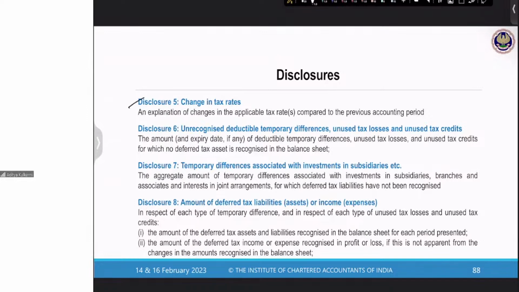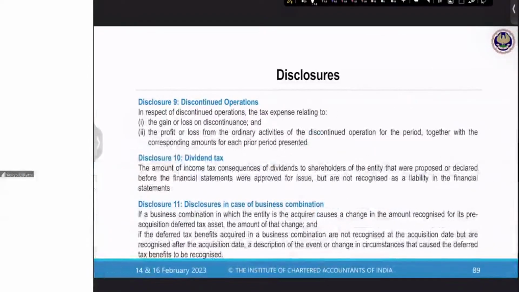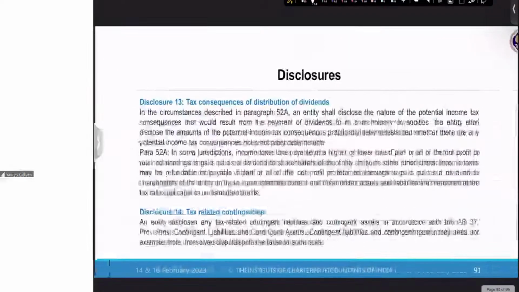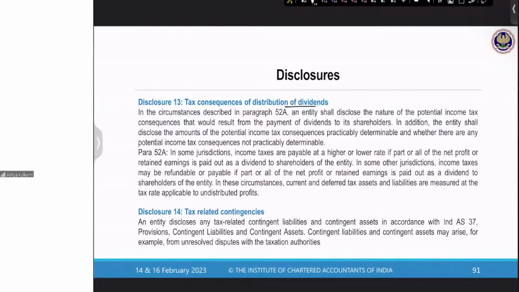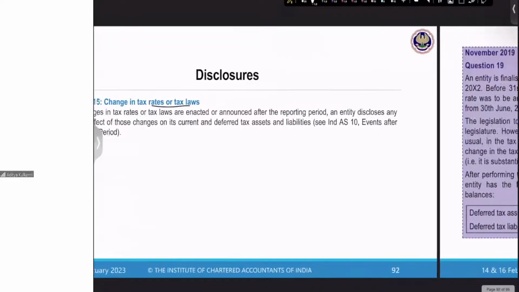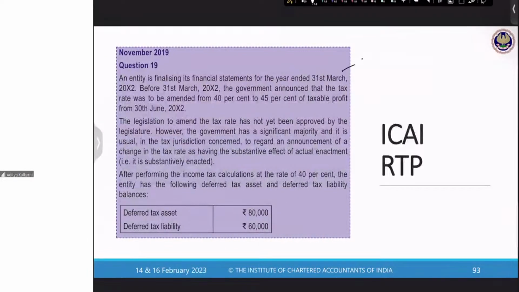Change in tax rates, unrecognized deductible differences, temporary differences with investment in subsidiaries, DTL, DTA income expense, dividend tax, business combination, discontinued operations, and the evidence of future taxable profits, distribution of dividends, contingencies, change in tax rate or tax loss. So that's it. Do this one question for homework.